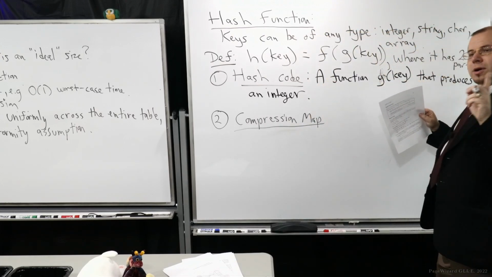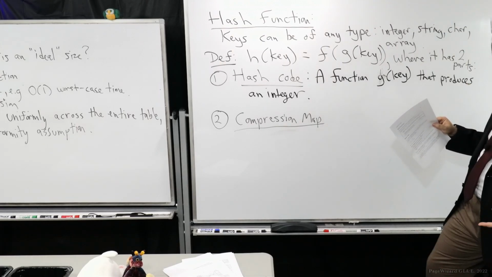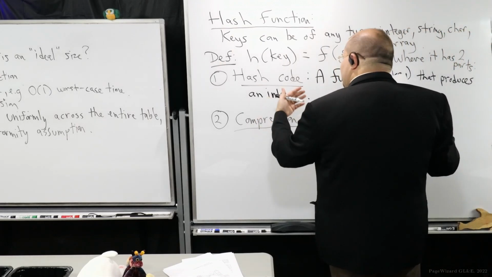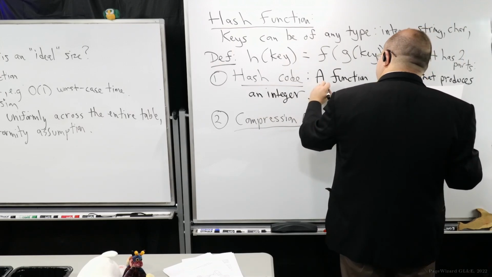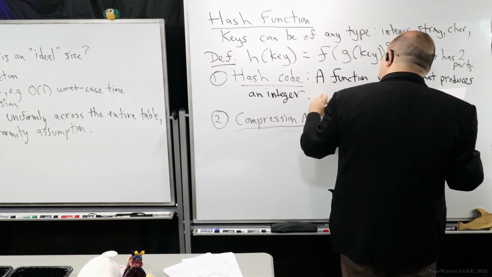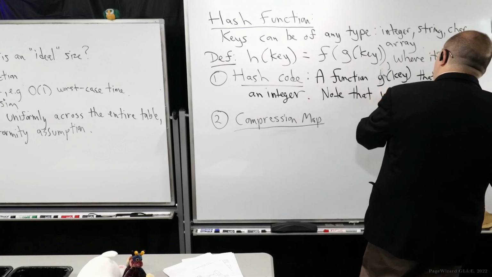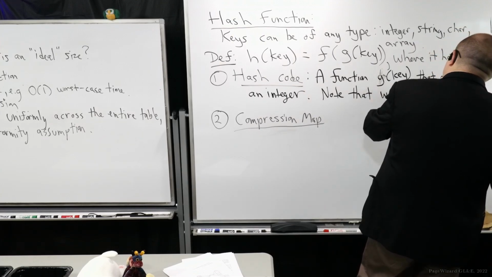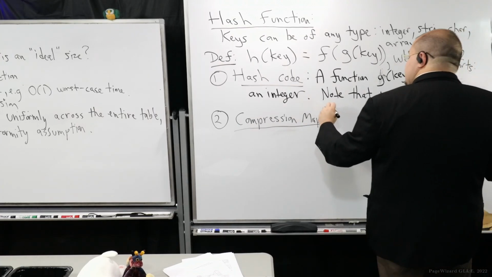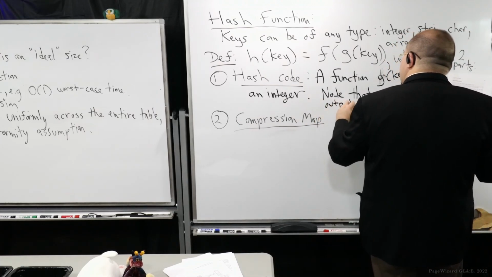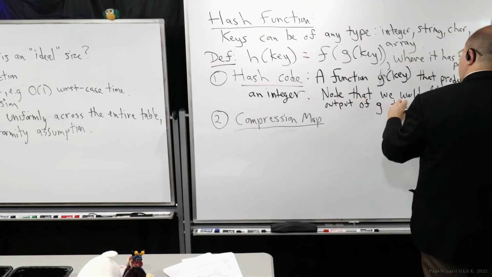Now, one important practical note: if we want something like the uniformity assumption, or at least something that will capture something of that sort, we would like the output of g to be large.